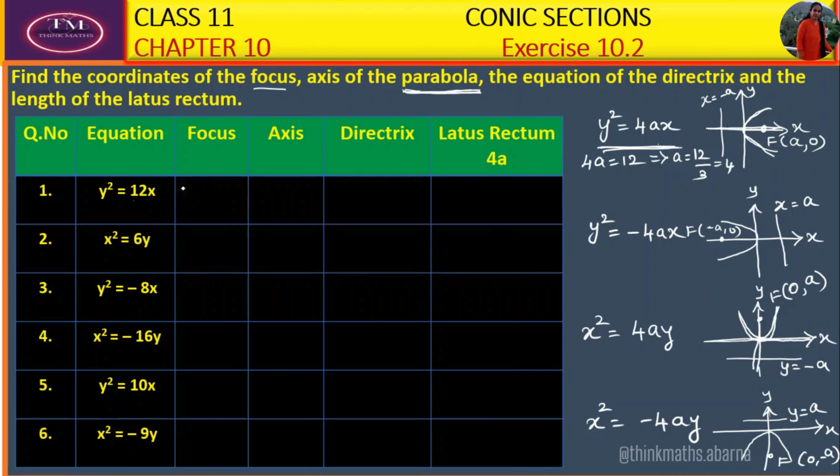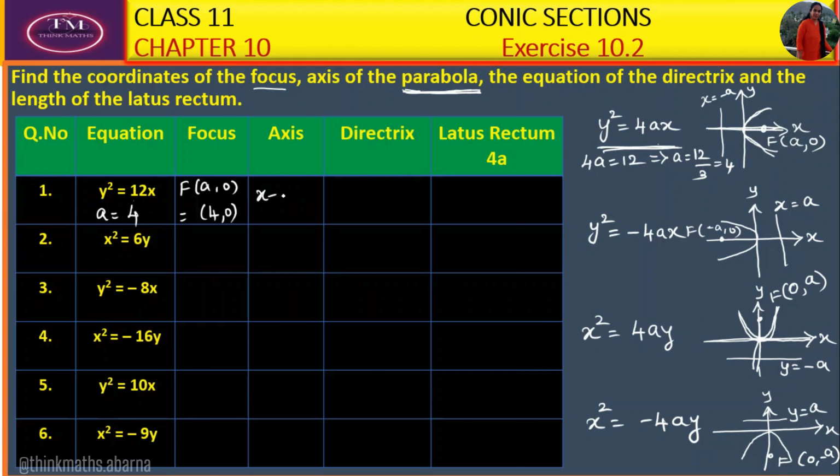What is the focus? For this, the focus is a comma 0. From this we get a equal to 3, so the focus will be 3 comma 0. In which axis do we have this? This is y square equal to 12x, so it is on the positive side of the x-axis.